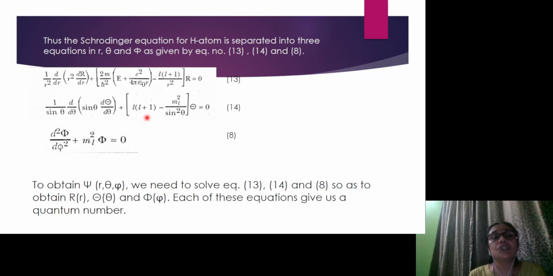The solutions of the r equation and theta equation we are not going to obtain, but we will discuss the solutions of all these three equations and try to get more and more information about the different physical properties of the hydrogen atom.